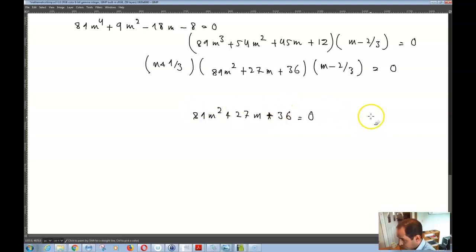And 81 is equal to 9 times 9, so 81 is equal to 3 raised to the power 4.